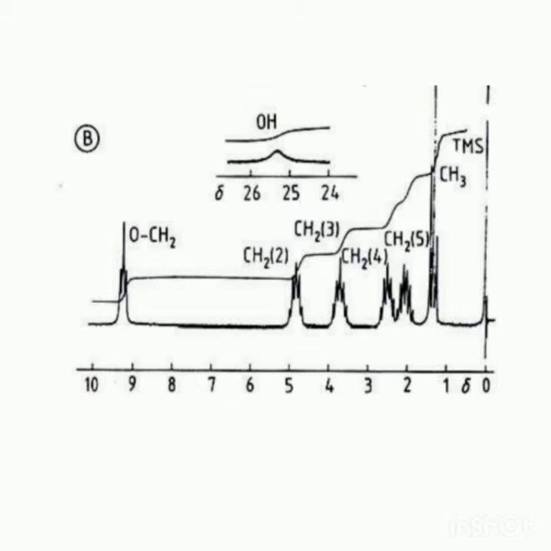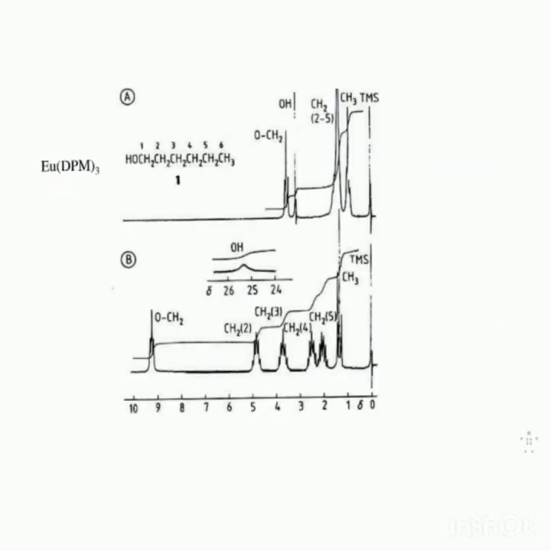That means even in the absence of a high resolution spectrometer, we can easily identify the spectral peaks clearly by using these lanthanide shift reagents. I already told you that europium is used in this case because of its number of unpaired electrons.